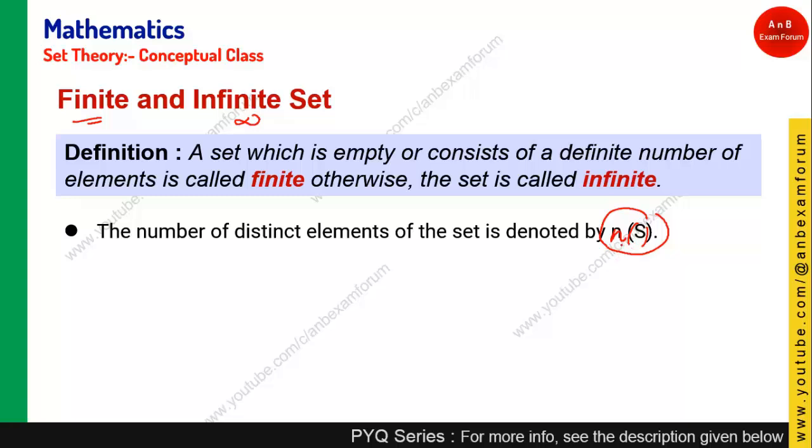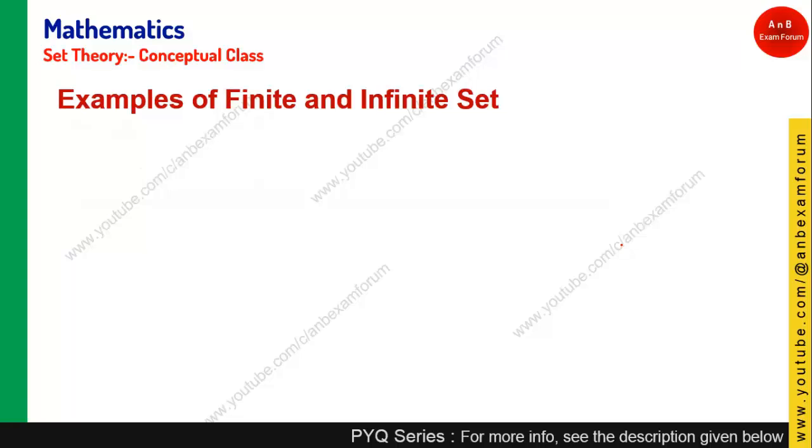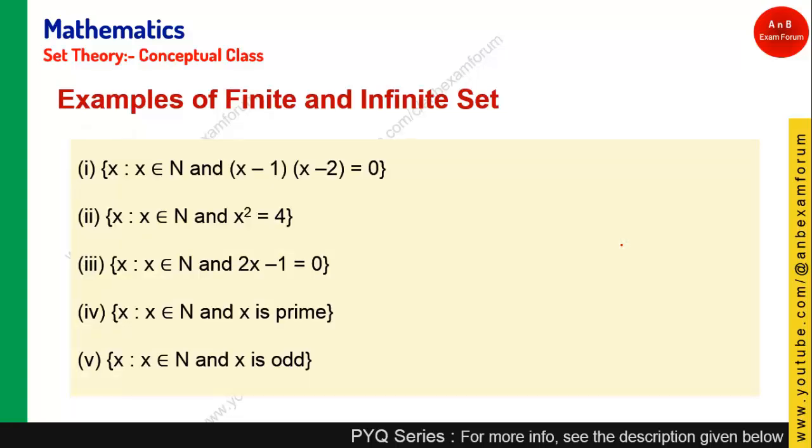Quickly let us see a few examples. These are the few examples. This is a very simple one. x is a natural number and x satisfies this equation. If you solve this equation, it is very simple: x will be 1 and 2, and both 1 and 2 are natural numbers. So your set will have 2 elements.